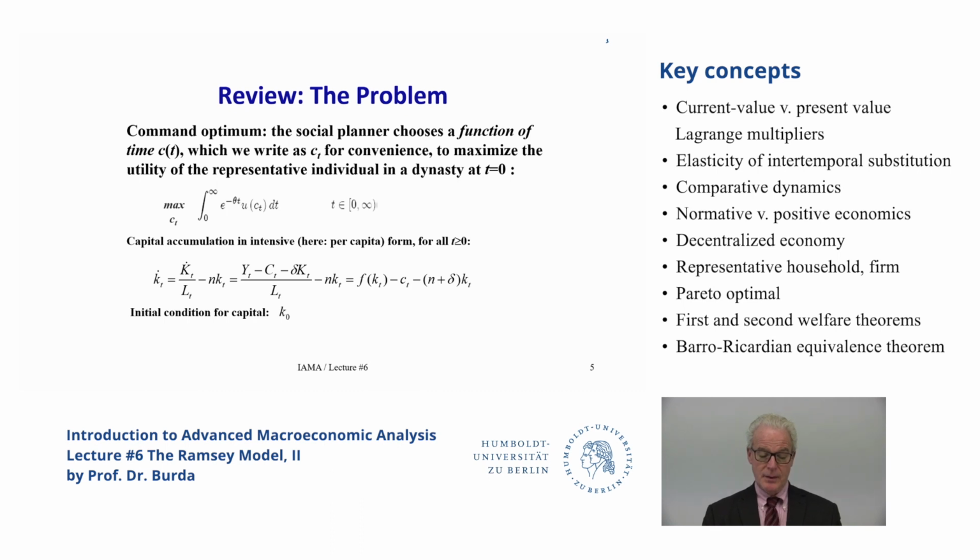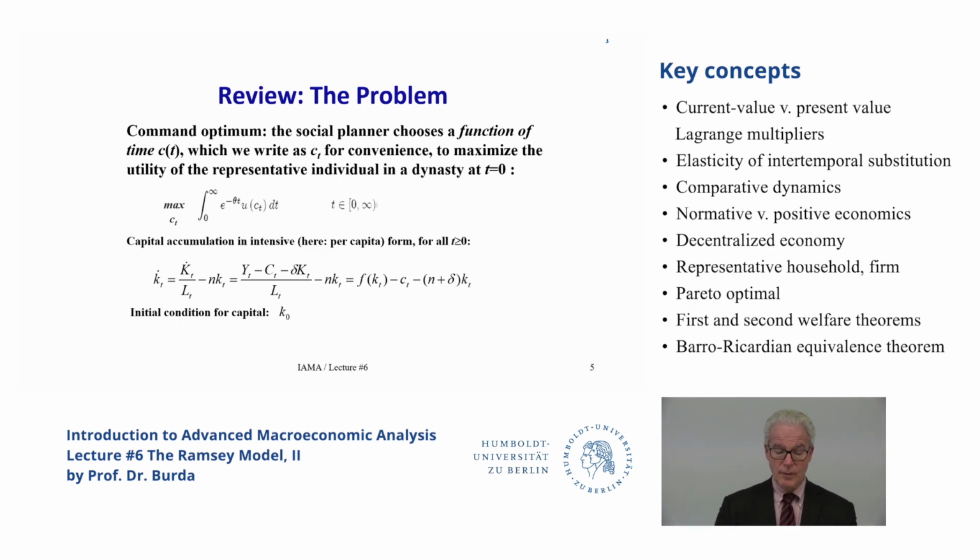So think of theta now as a discount factor that applies to the individuals whose numbers are growing at some rate n. And this is discounted, so the discount factor is continuous, so we have Euler's constant raised to minus theta t.